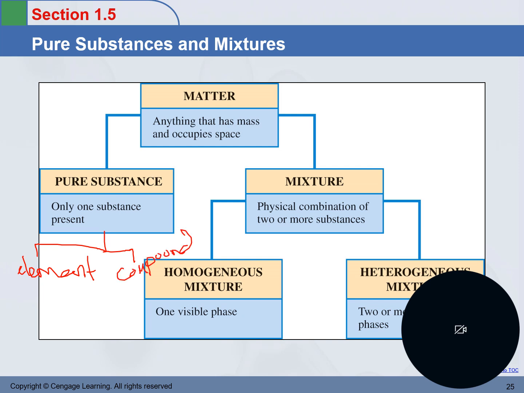A mixture is a physical combination of two or more substances, and again the two different ones are the homogeneous mixture, which only has one phase, and the heterogeneous mixture, which has two or more phases.